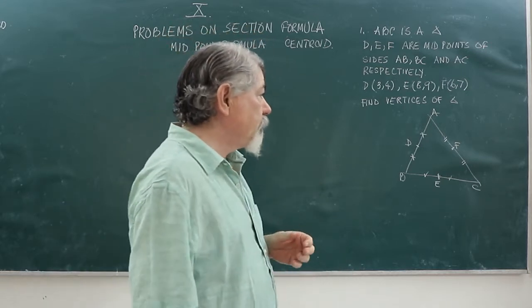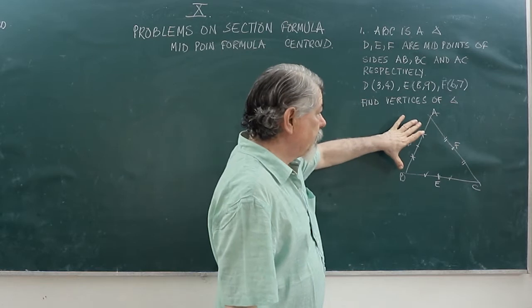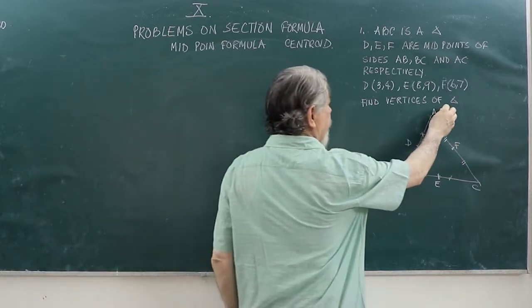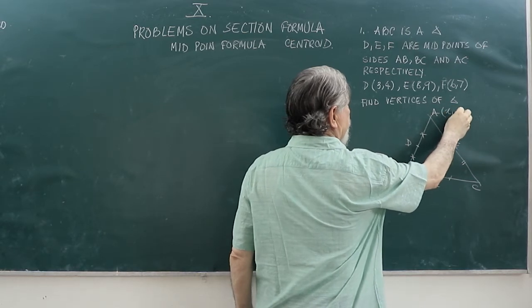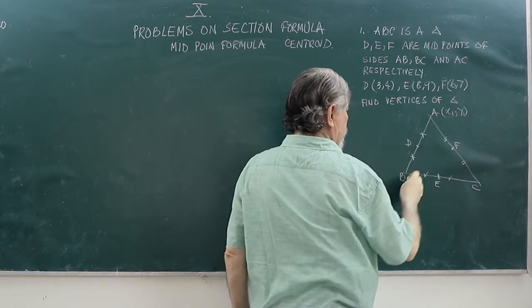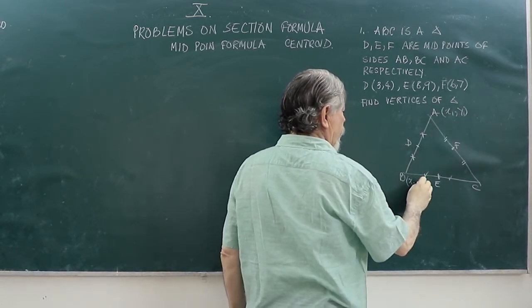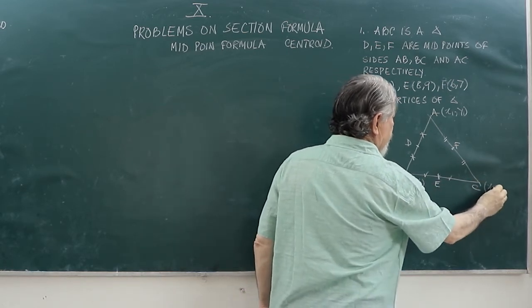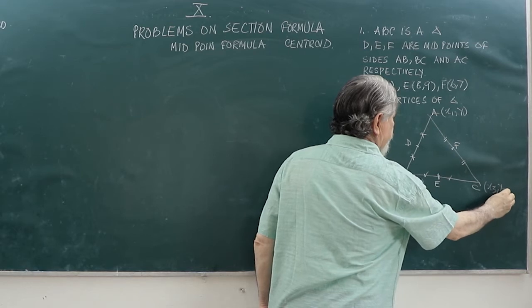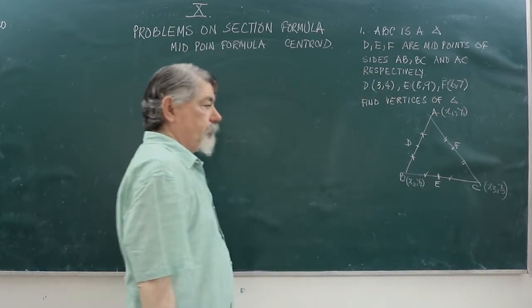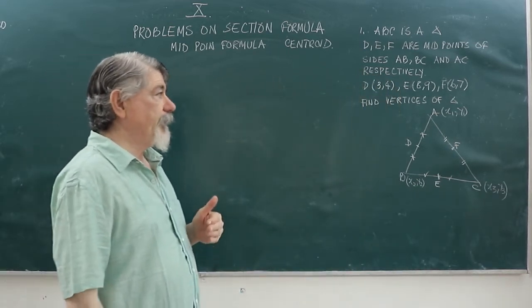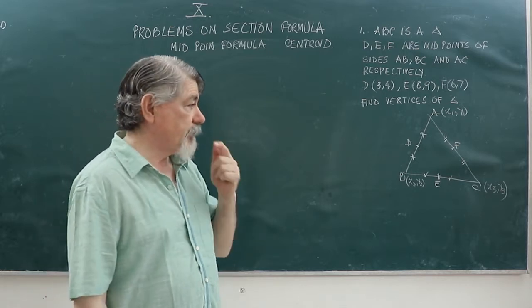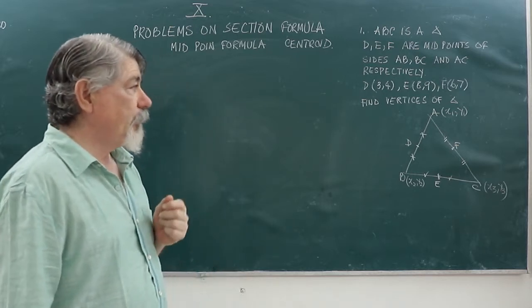Now the method would be that I assume the coordinates of A to be (x1, y1), B to be (x2, y2) and C to be (x3, y3).